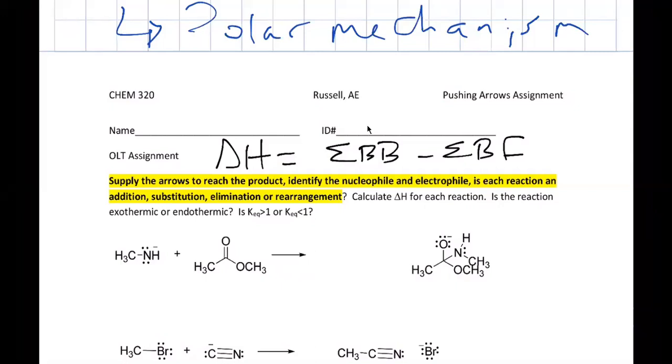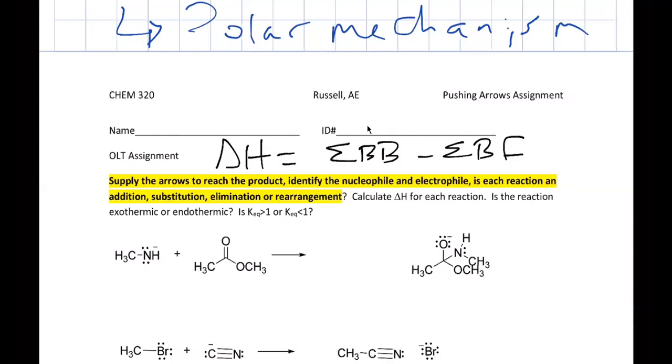That's the goal. You always want to end up releasing energy and not needing energy, right? So for delta H, we can calculate it. We can say that the sum of the bonds broken minus the sum of the bonds formed is delta H. All right. So now that we know that, we can calculate delta H for any given reaction as long as we know the bond strength of the bond that we broke or the bond strength of the bond that we made. All right. So let's look at the first example.